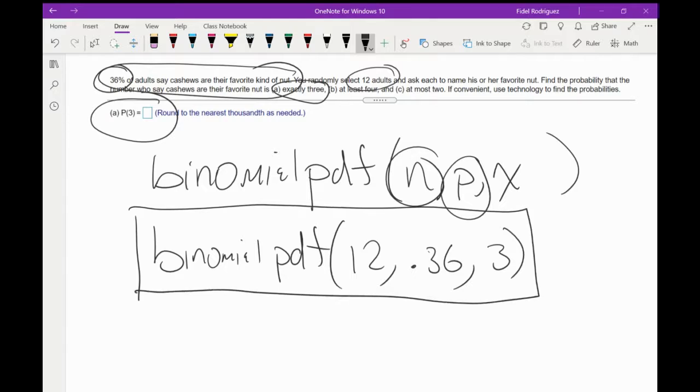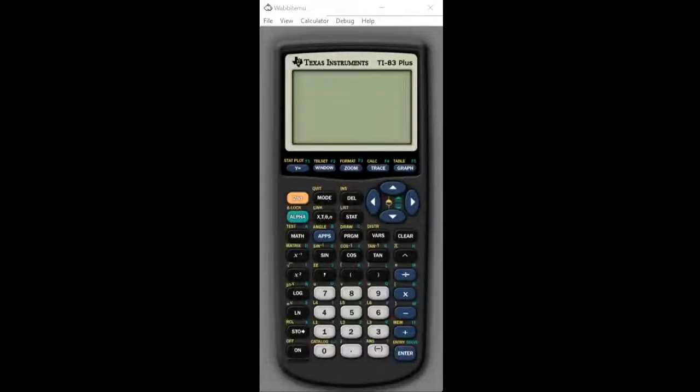So let me show you on my calculator how I'm going to do this. I'm going to stop sharing this screen here, and I'm going to pull up my calculator for you guys so y'all can see exactly what it is I'm looking at. And okay, let me turn this thing on. Let me clear my screen. So on my calculator, y'all remember, I'm going to go second and then bars, and I'm going to scroll down until I hit the Binomial Pdf.